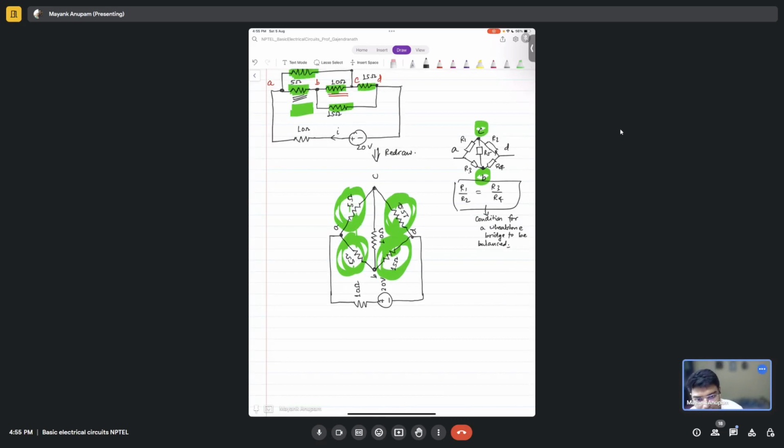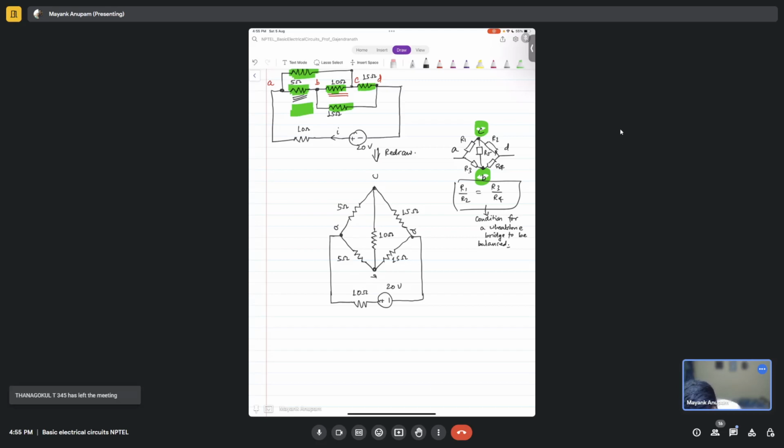Okay, this is 5 ohms, this is 15 ohms, this is 10 ohms, this is 5 ohms, this is 15, this is 10, and this is 20 volts.